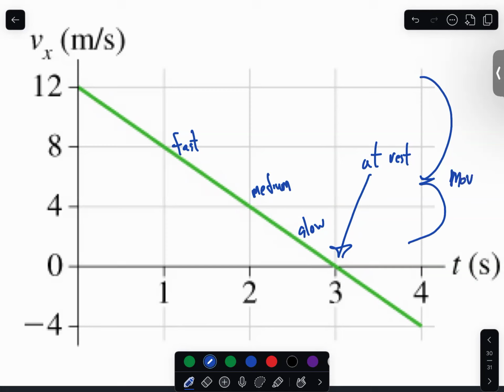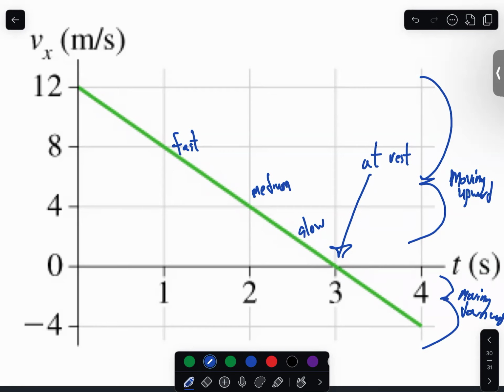I'm just going to say moving upward, for instance. And of course, there is not moving at all. What about negative velocity numbers? If the values of velocity are -1, -2, -3, -4, that means I'm moving in the negative direction.